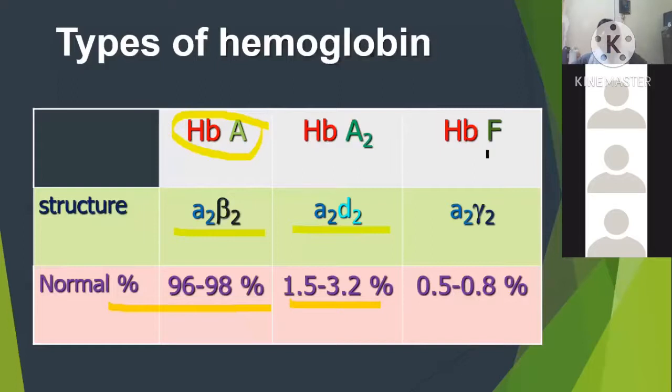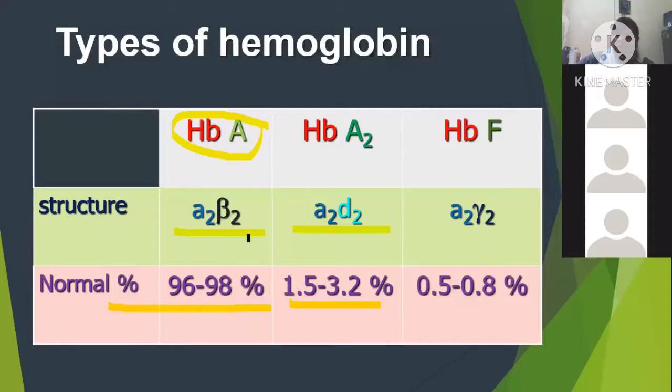Now coming to the hemoglobin F type, which we call fetal hemoglobin. Both A and A2 are the adult hemoglobin forms, whereas F is the fetal hemoglobin, which means in the fetus the composition of the hemoglobin slightly varies, wherein it is alpha 2 and gamma 2.